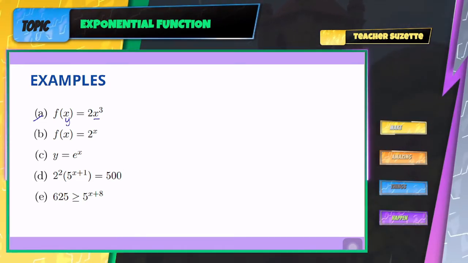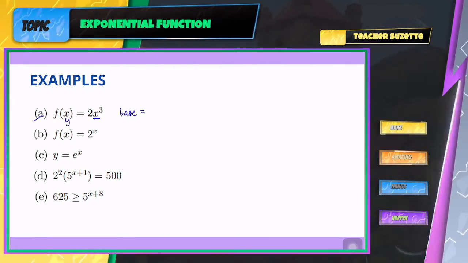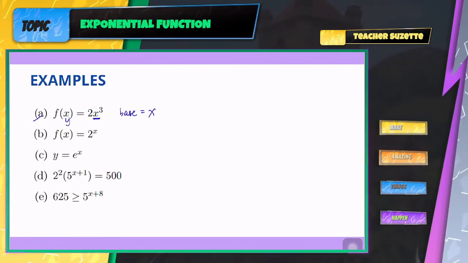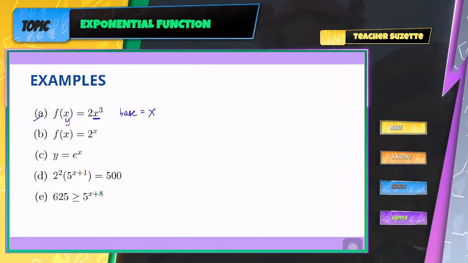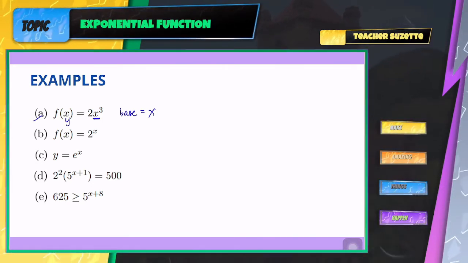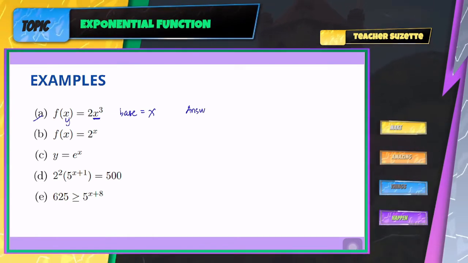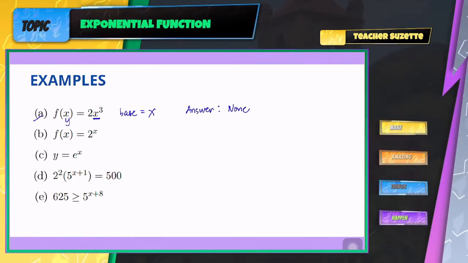However, upon checking the base, you can see that your base is x, which violates the definition of the exponential function from our previous video. It was said that your base should be greater than 0 and not equal to 1, and obviously, your base here is a variable. Therefore, our answer for letter A is none of the above.